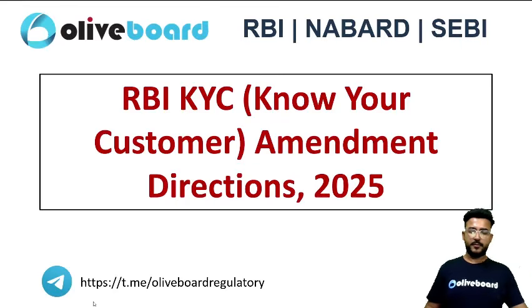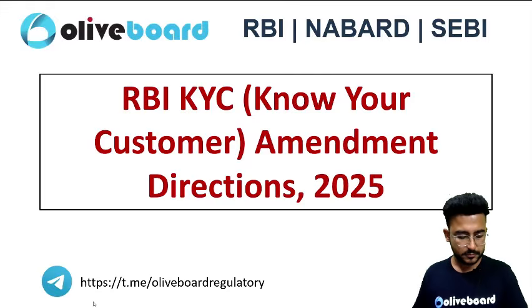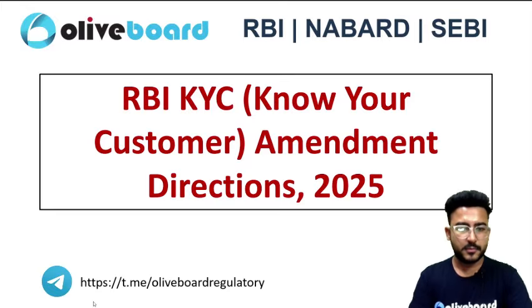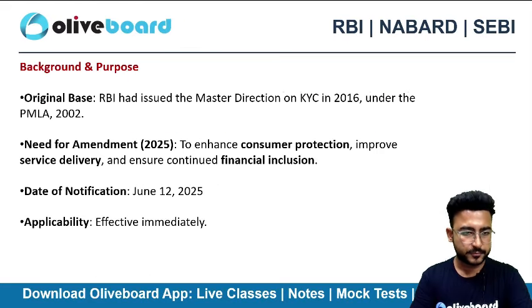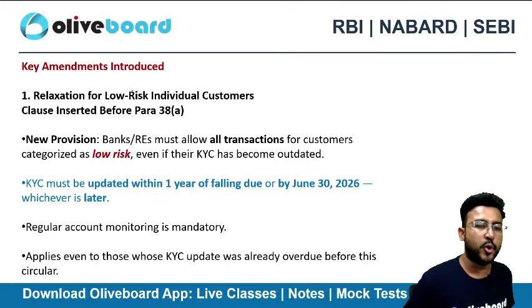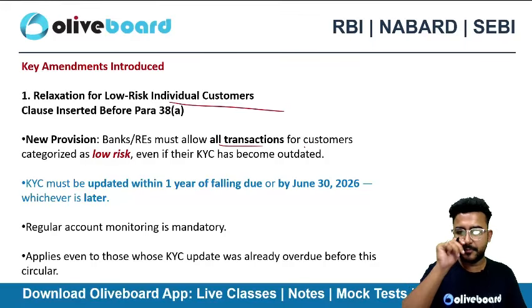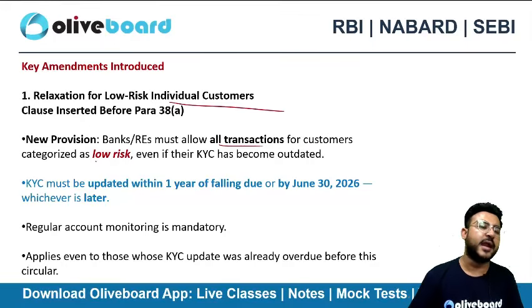No? Okay, no problem at all. Have a look. Relaxed norms for the low risk customer. Banks or REs must allow all the transactions for customers that are categorized as low risk.